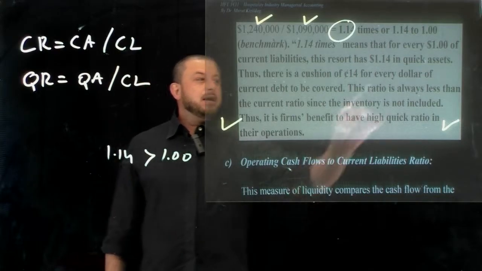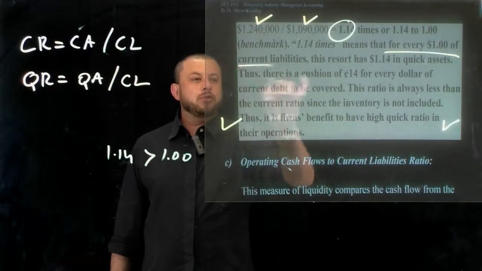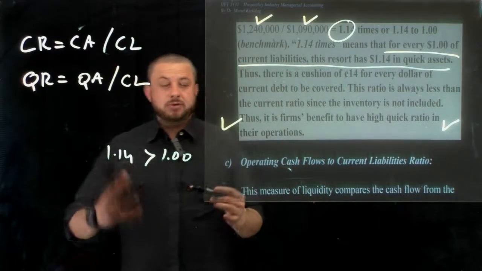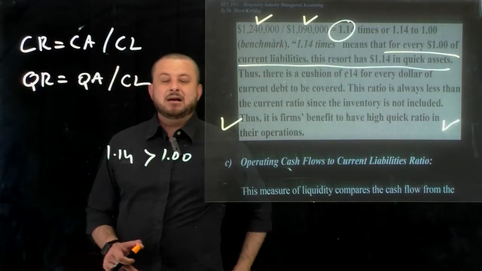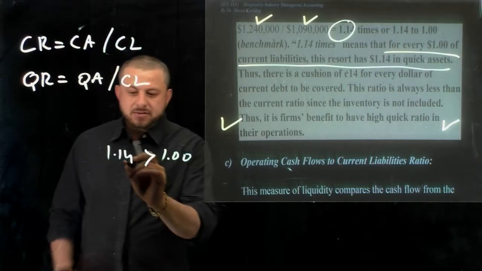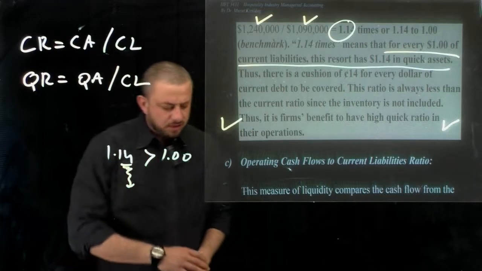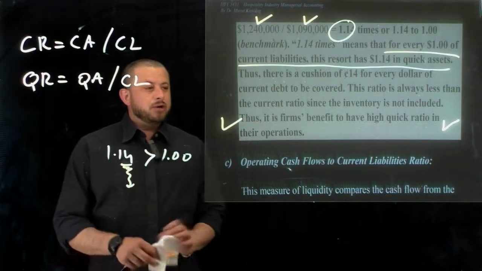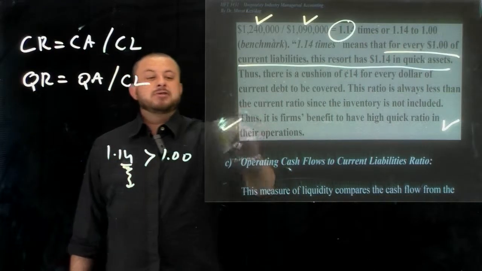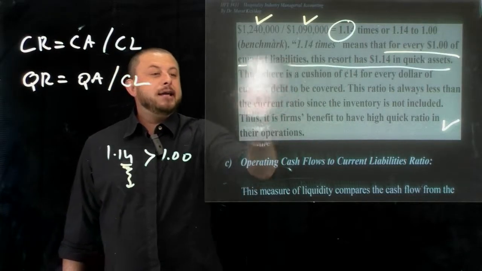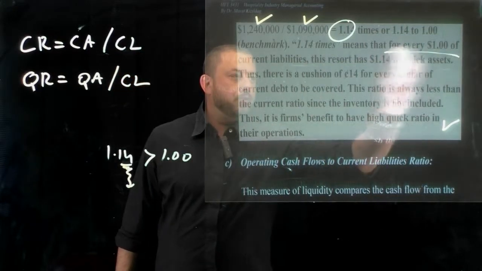That means for every dollar of current liabilities, Meg's Resort has $1.14 in quick assets, and this extra $0.14 can be used for other payments, other bills, investments, or any other purposes as well. Therefore, it is the firm's benefit to have a high quick ratio in their operations.